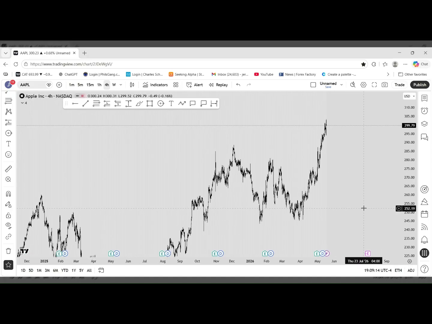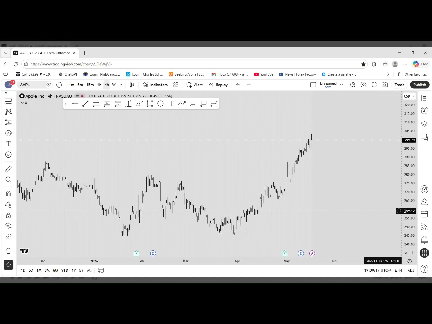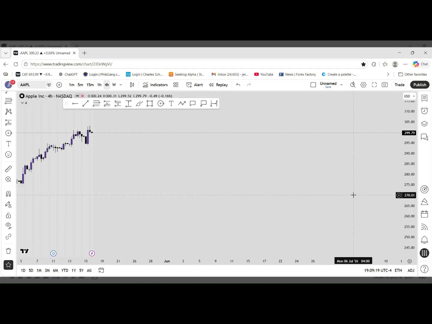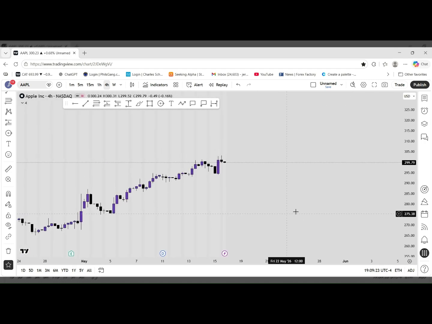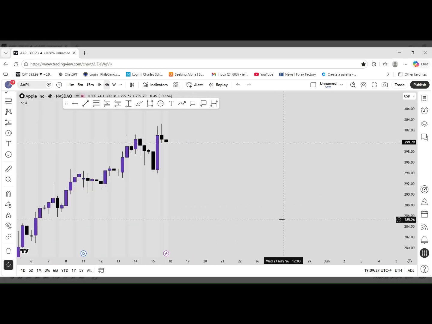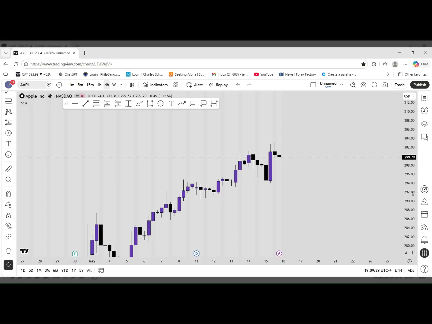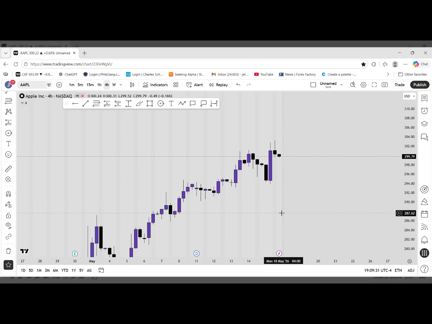Now let's see if we can find a structure we're looking for, an entry point. I'm just trying to resize this, shape it so it makes some sense. One of the things I'm looking for is a bullish action, which is what I've got right here.